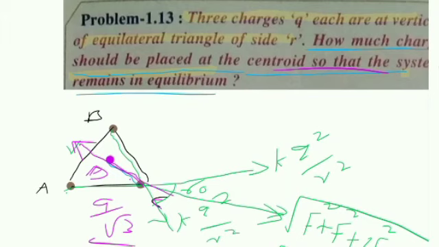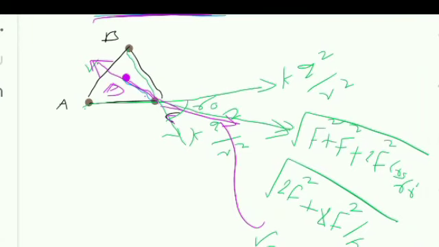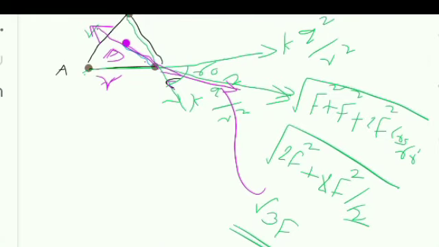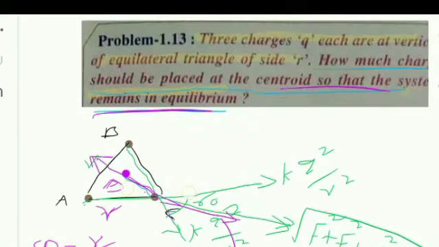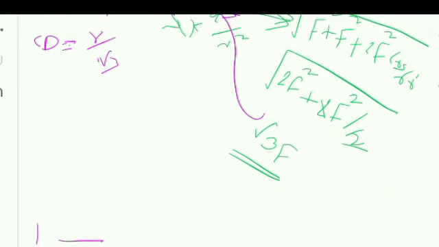According to our question, this system will be in equilibrium. One side of the equilateral triangle is R, then the distance between C and D is equal to R by root 3.